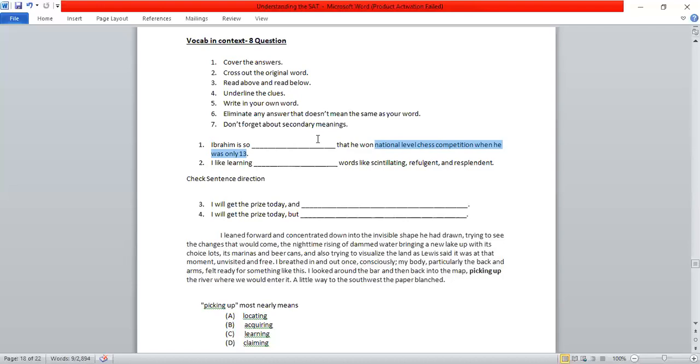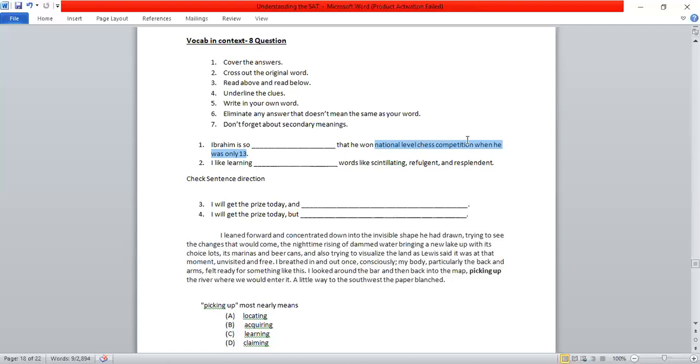So I've come up with lots of such words in my mind, and then I'll go back to all the options given and see which one matches that particular word. Otherwise, if you don't read just national level, if I just say Ibrahim is so dash that he won something, Ibrahim is so cute, Ibrahim is so nice, Ibrahim is so ordinary, any word can fit in.